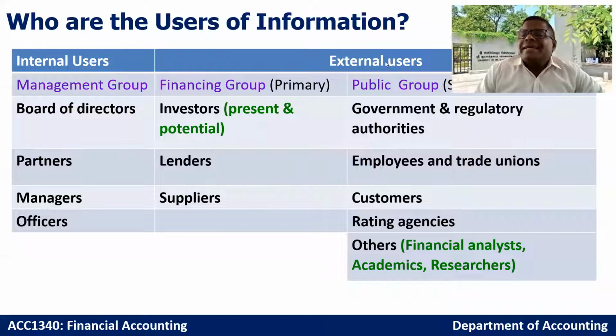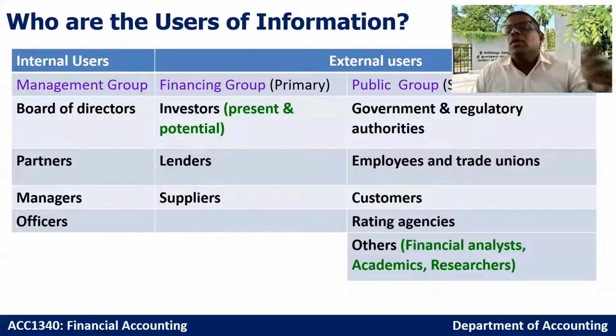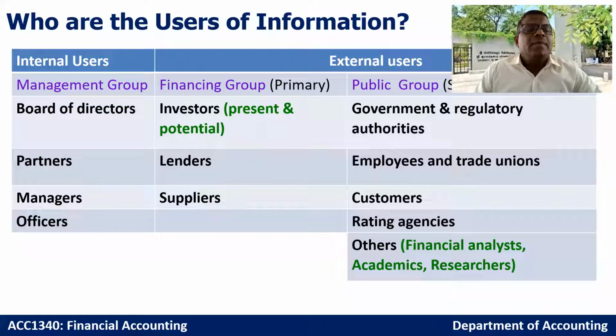The external, internal classification is a little bit old, a little bit outdated. Internal means those who have access to information, those who have authority to access the financial or accounting information. Management group, that is basically the board of directors.